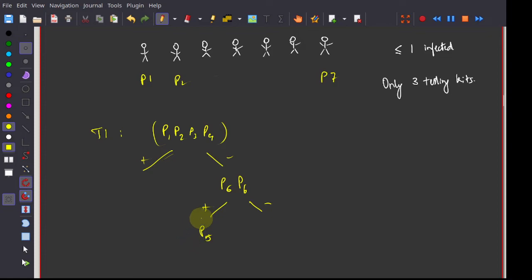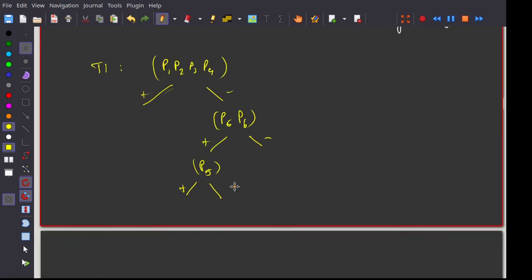If this returns positive, then I know the fifth person is positive. If it returns negative, then I know that the sixth person is positive. If P5 P6 was negative, then I just test P7. If it is positive, then I know that P7 is infected, or otherwise no one.